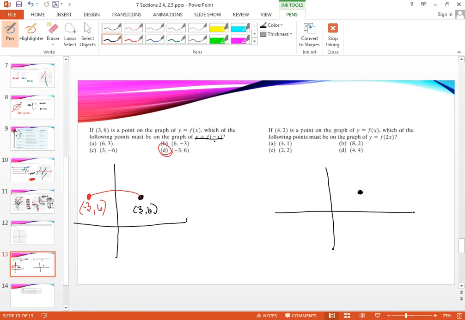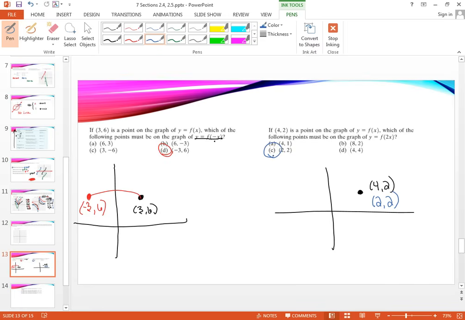Again, it's on the inside of the operation, so it's going to compress or stretch it left or right. Remember, if it says times 2, that's the same thing as multiplying by its reciprocal to change the values on the function. So if we've got the point (4, 2), it multiplies all of the x values by 1/2. So 4 times 1/2 is 2. It becomes the point (2, 2).